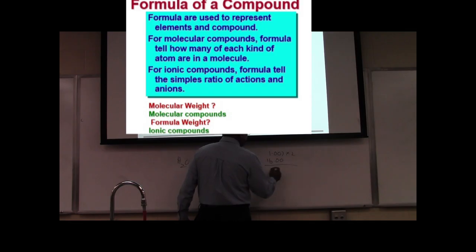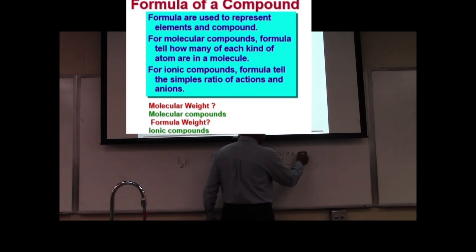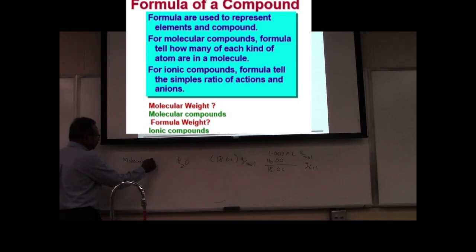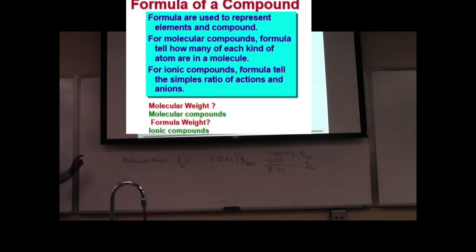That's how you got it. These are grams per mole. That's how you get the mole. This is called molecular weight. Molecular weight is only for molecular compounds.